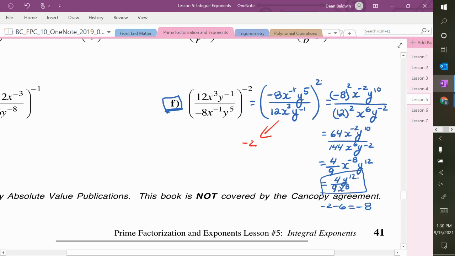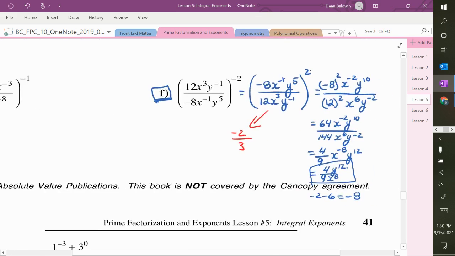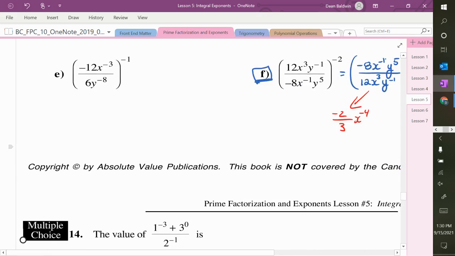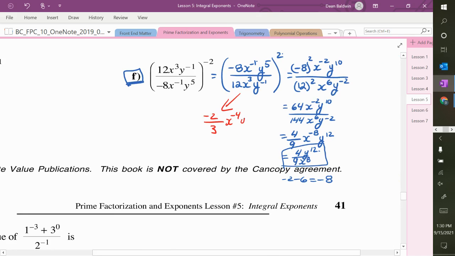So I get negative 2 over 3. What's x? And then subtract the exponents. This is another way to do it. Negative 1 minus 3 is x to the negative 4. 5 minus negative 1 is 6. So I have that.